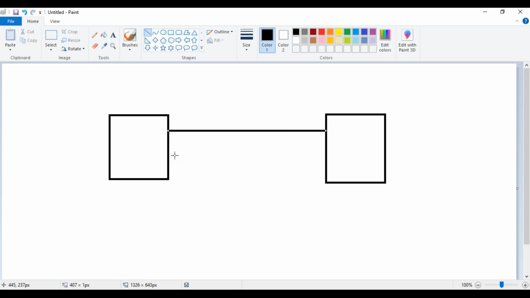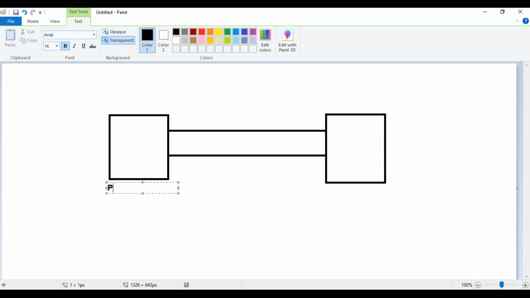Now, what is the direction of the clock line? Is it a bidirectional line? Yes, the direction should always be from the master to the slave. The master is always the microcontroller. So assume this is the master, the PIC16F877A microcontroller, which is right now acting as a master.